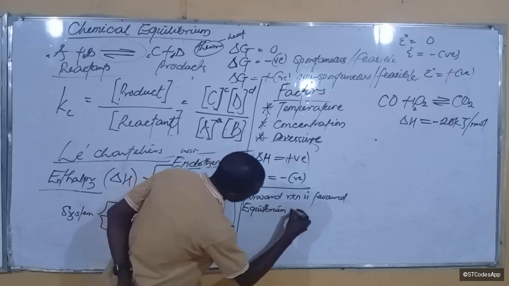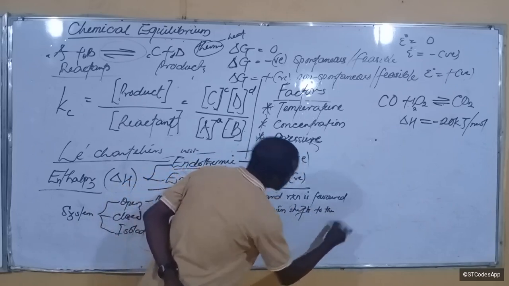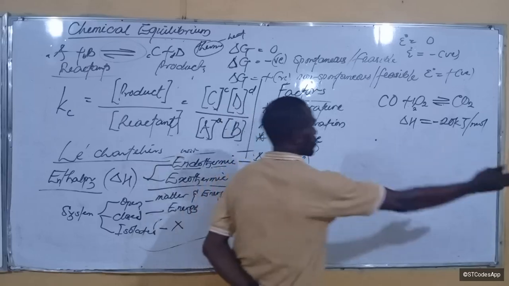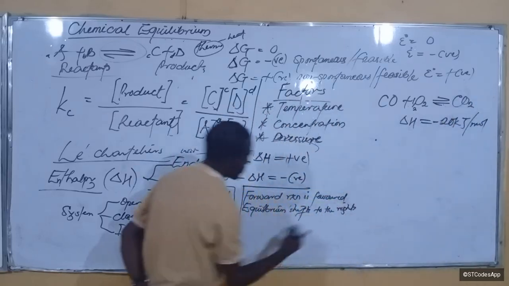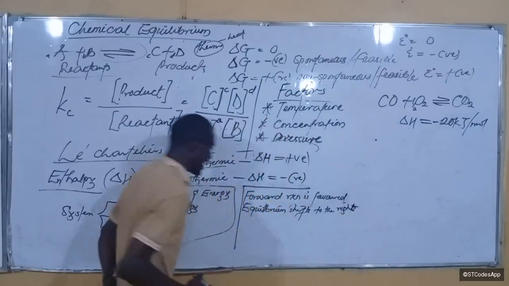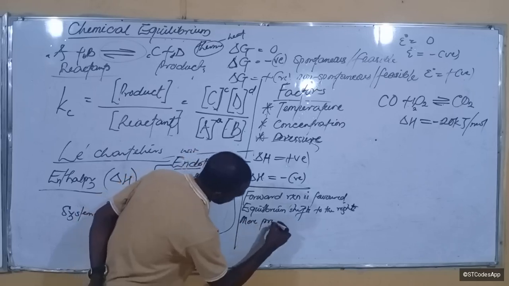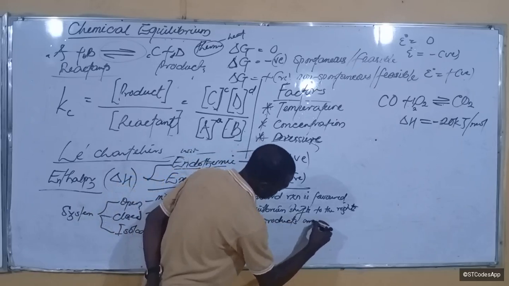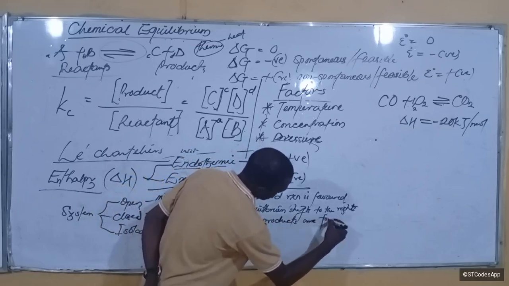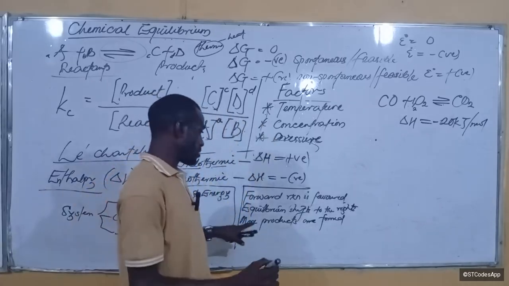Equilibrium shifts to the left, where's forward? Is forward right or left? That's right. So equilibrium shifts to the right, and more products are formed. Usually here, if you know your product, you can easily write more.